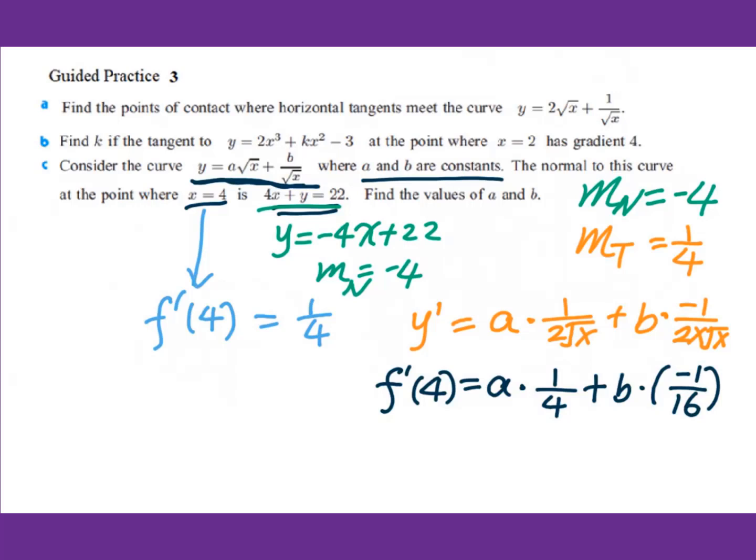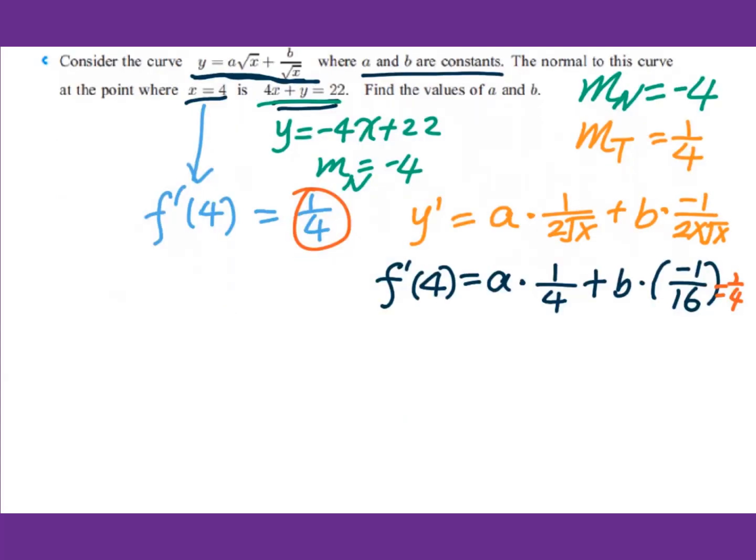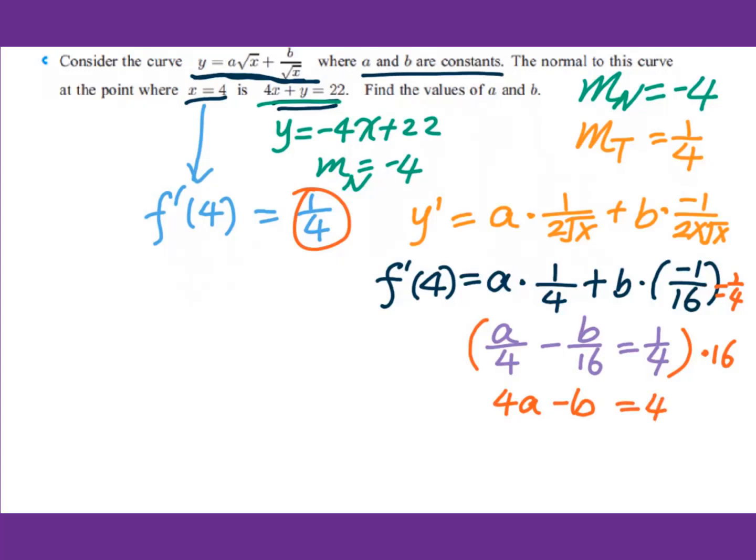This number will equal 1 over 4. So let's organize. You will get a over 4 minus b over 16 equals 1 over 4. Then the LCD will be 16. Therefore, you will get 4a minus b equals 4. This is the first equation.